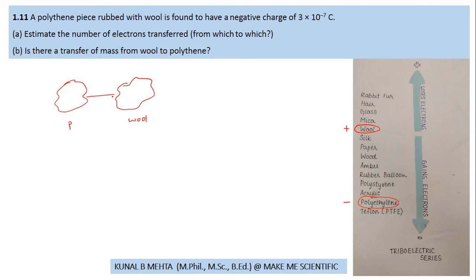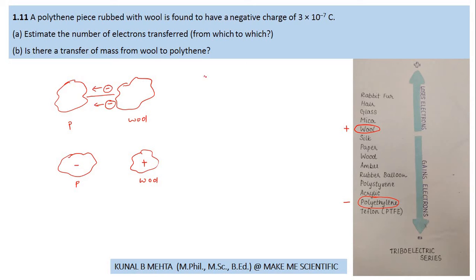Those electrons are loosely bound as per this Triboelectric series, and the wool is going to lose electrons. So the electrons are going to get transferred from the wool and they will go inside the polythene. So polythene, after being rubbed, gains negative charge, and the wool is now electron deficient, so it becomes positively charged. This is our polythene. Correct, guys?